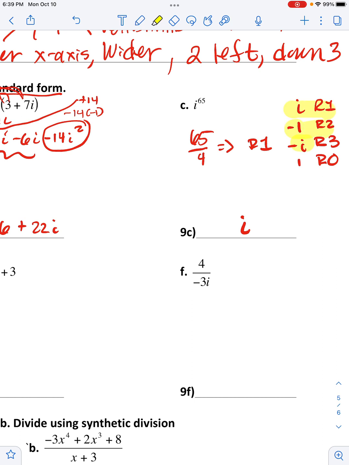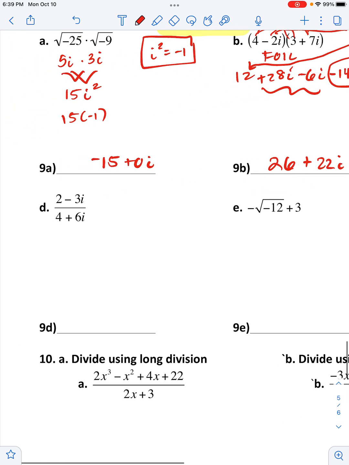So these are the 4 parts of the cycle, and then you need to divide whatever your power is by the 4 and pay attention to the remainder, not the answer, not how many times it goes in. Don't care about that. Only care that I have a remainder of 1. And that'll tell me where I'm landing on my 4-part repeating cycle.